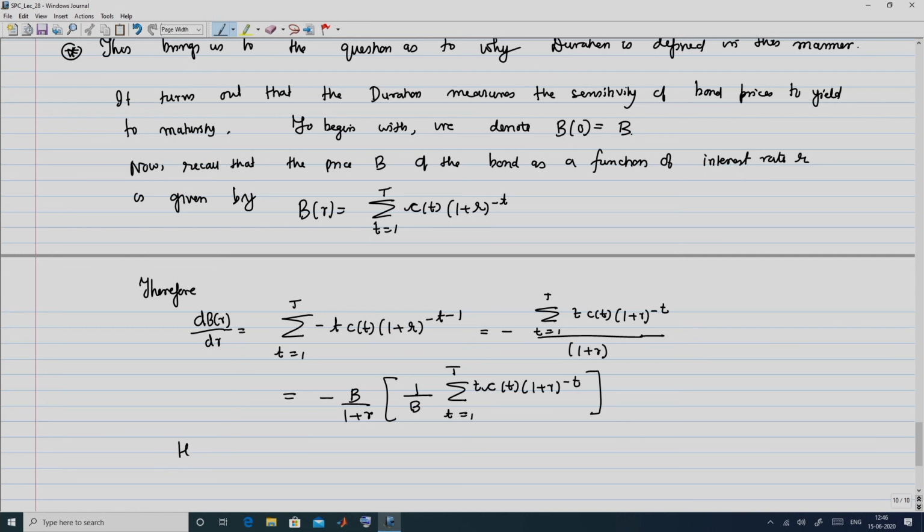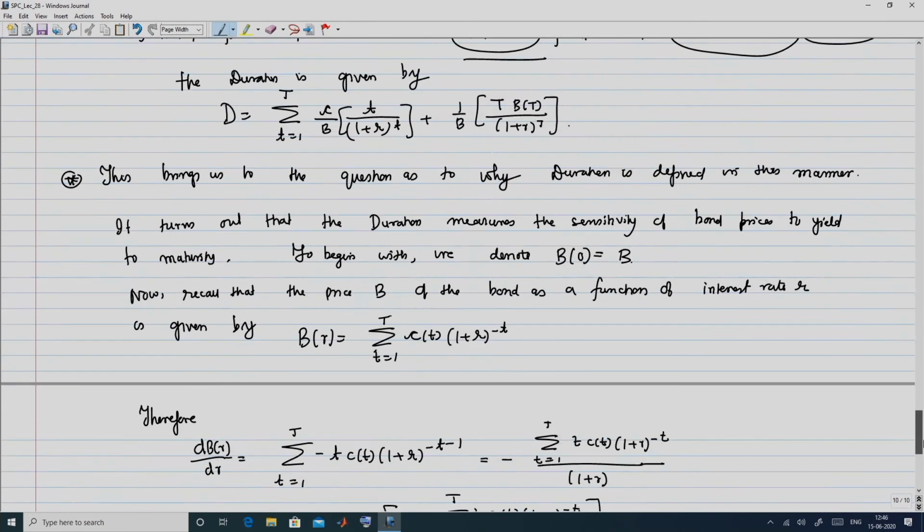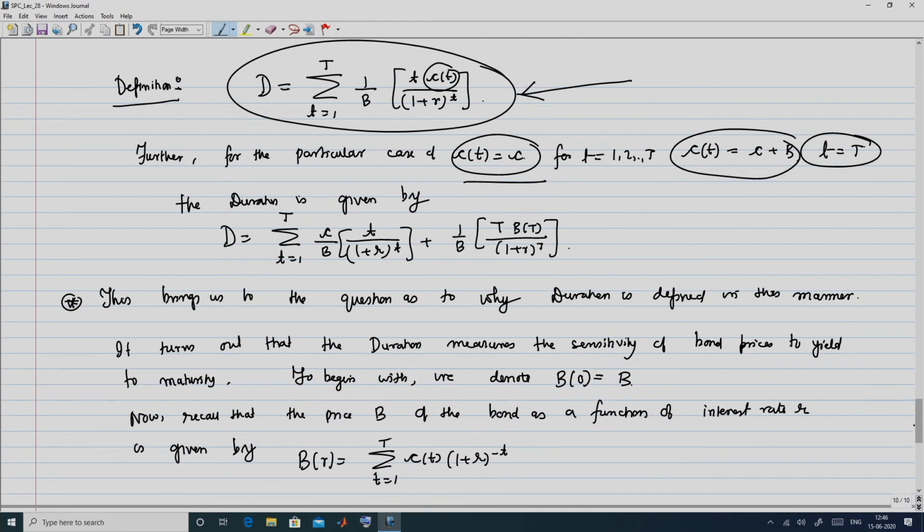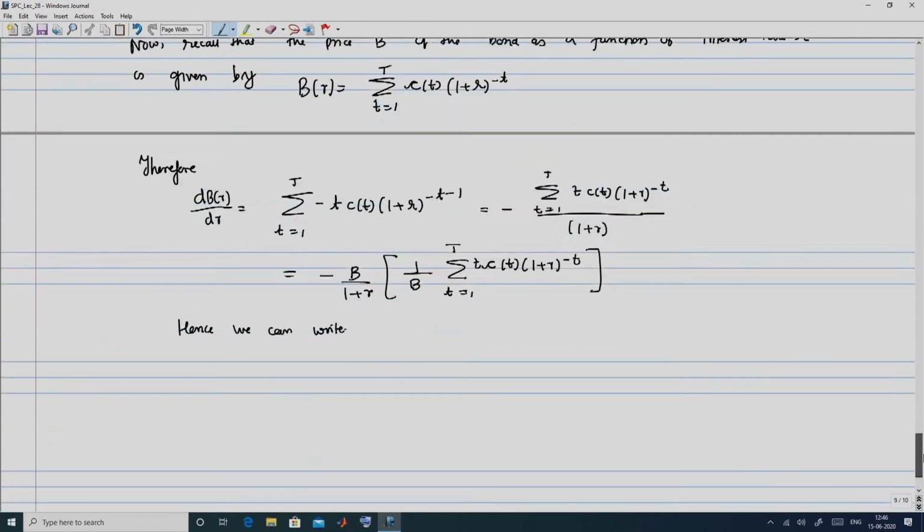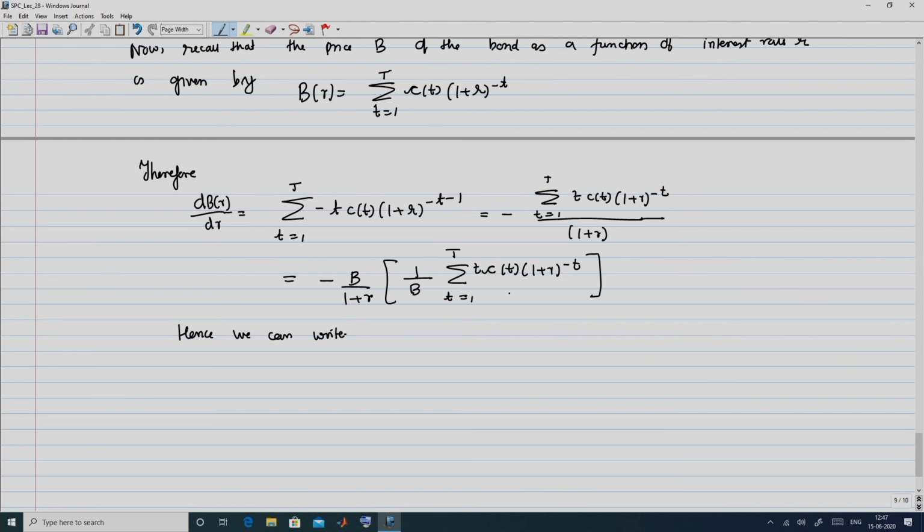So, hence we can write, so you observe carefully, what is that going to be the definition of a duration. So, this is the definition of a duration, 1 over B into the other quantity. So, what you observe here is that this quantity here that you have, this is going to be our duration.